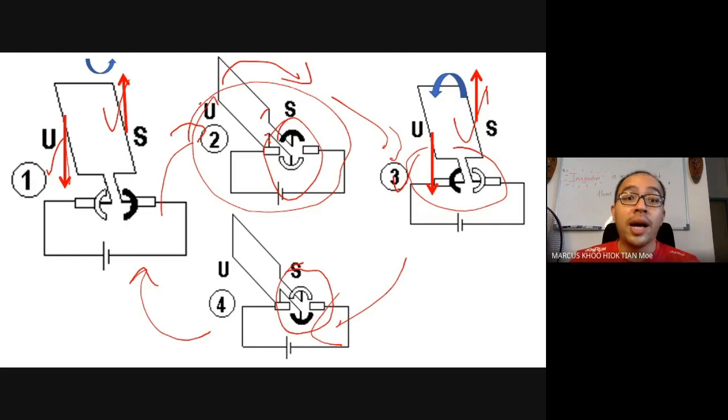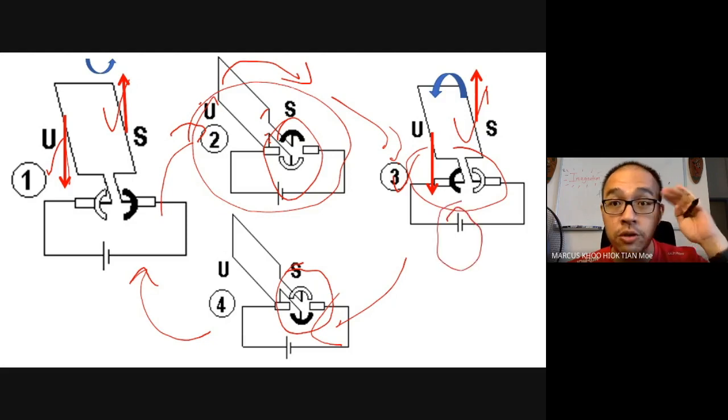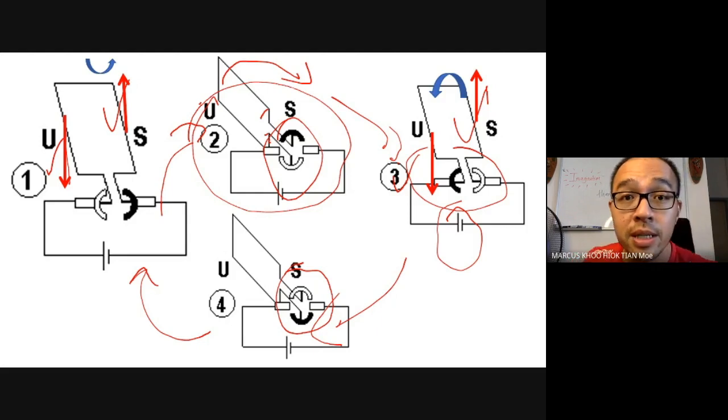This goes on until you finally turn off the current, or you turn off the switch, and then it will finally stop. Just like our fan. When you turn off the fan, it doesn't stop immediately, it will slow down, it will decelerate, and then it will finally come to a stop.